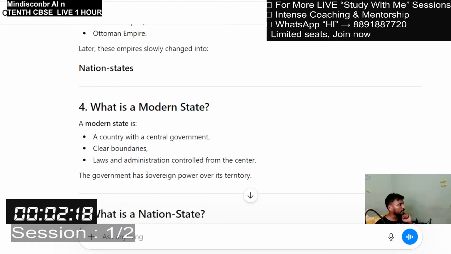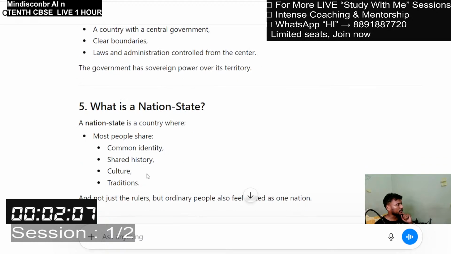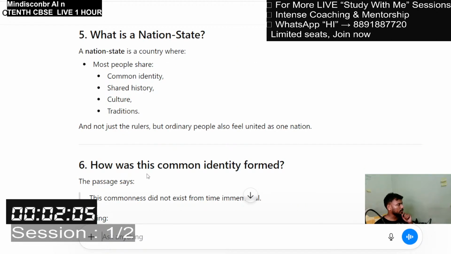What is modern state? A modern state is a country with a central government, clear boundaries, laws and administration controlled from the center. The government has sovereign power over its territory. What is the nation state? A nation state is a country where most people share common identity, shared history, culture, traditions, and not just the rulers but ordinary people also feel united as one nation.